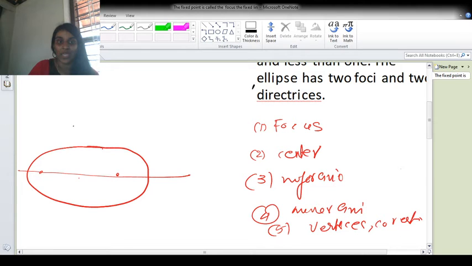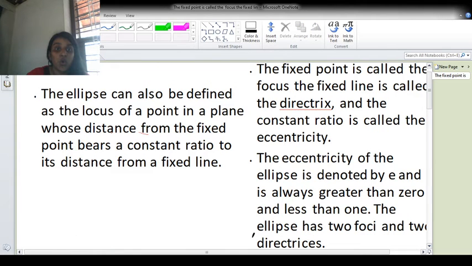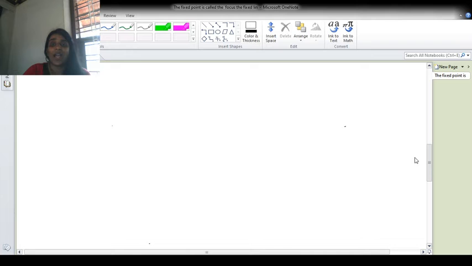Next, the alternative definition: the ellipse can also be defined as the locus of points in a plane whose distance from a fixed point and distance from a fixed line are in a constant ratio. Such a shape of points is called an ellipse. So I will explain. The major axis, and the perpendicular line segment is the minor axis.